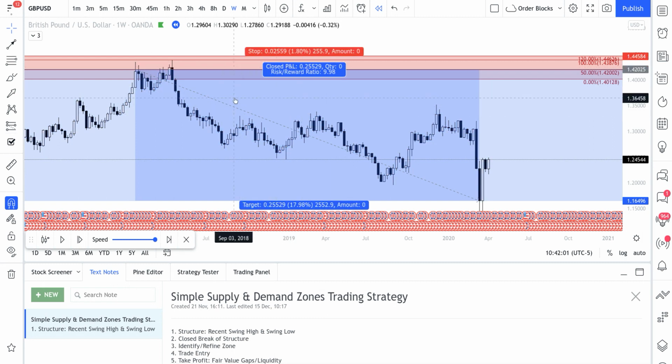Just because you set up your trade position with the position tool, that does not mean that you just set and forget it. Now you can.